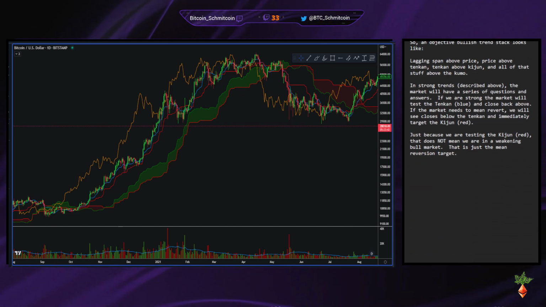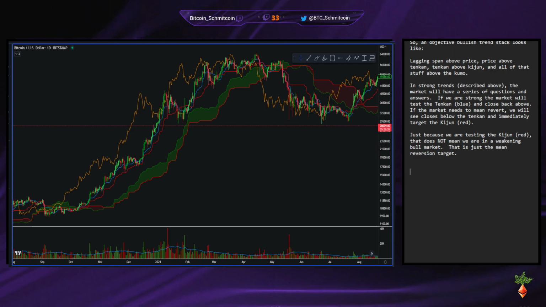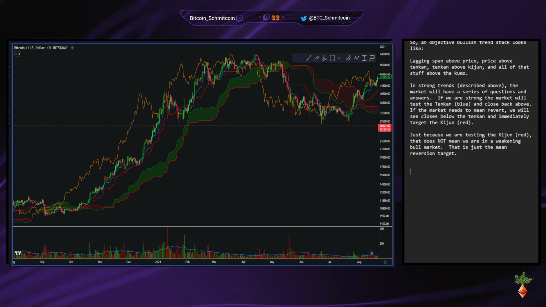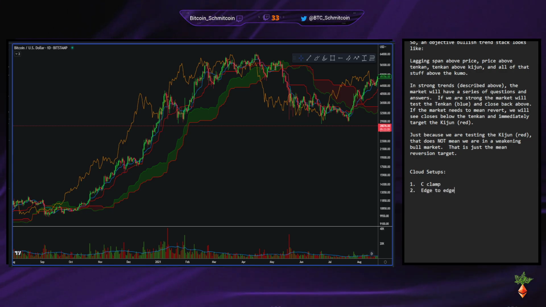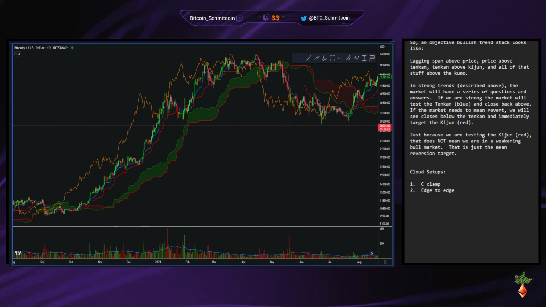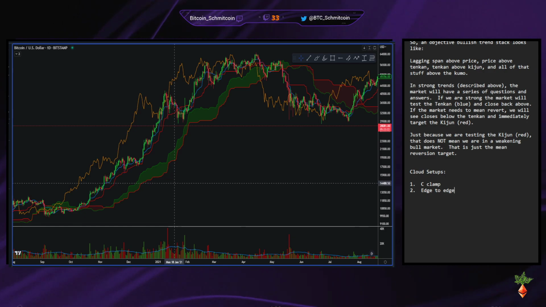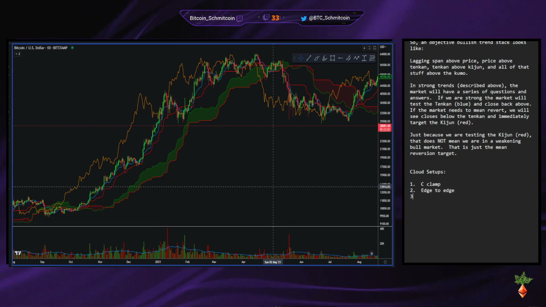Let's talk about Ichimoku Cloud. Let's talk about cloud setups. So common cloud setups, we have the C clamp, we have edge to edge. And those, for me, are the big ones. Those are the ones that I really like. We have TK cross. I'm going to go into detail about these.